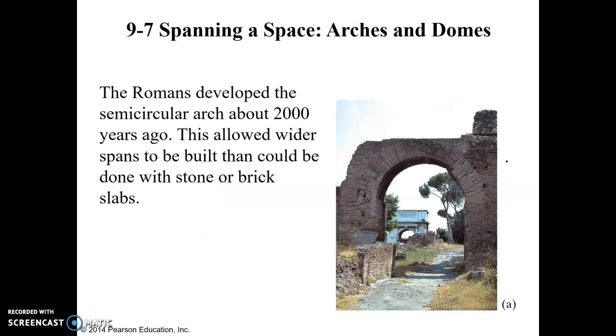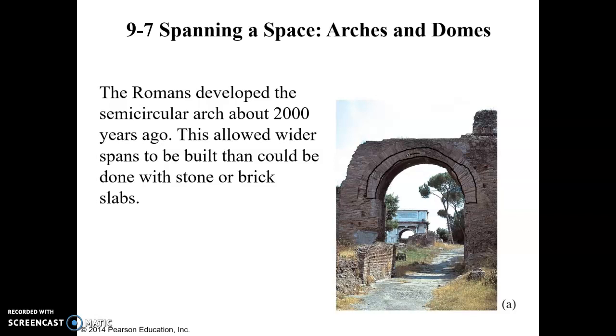And then the last thing to talk about here, some ancient uses of compression stress. Masonry, rocks, rubble, bricks are excellent in compression, not very good in tension. So if that's the building material you're using, it would make sense to take advantage of that compression stress.